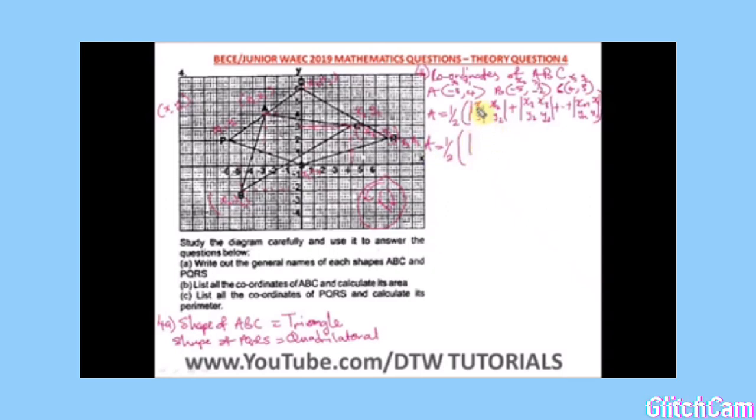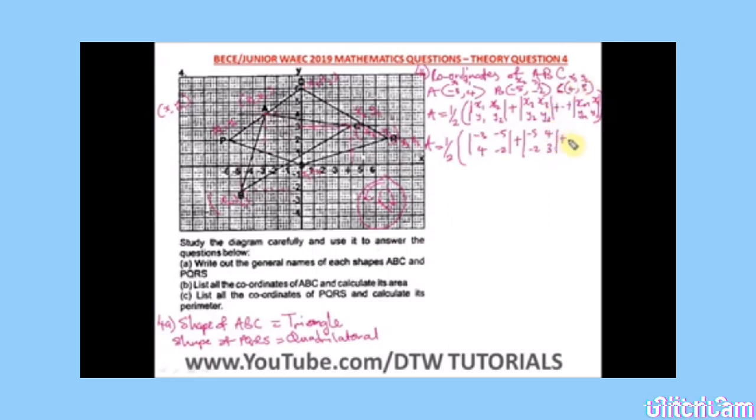The determinant of x1 y1, this is minus 3 and 4, and x2 y2, this is minus 5 and minus 2. Plus the determinant of x2 y2, which is minus 5 and minus 2, and our next one, x3 y3, which is 4 and 3.